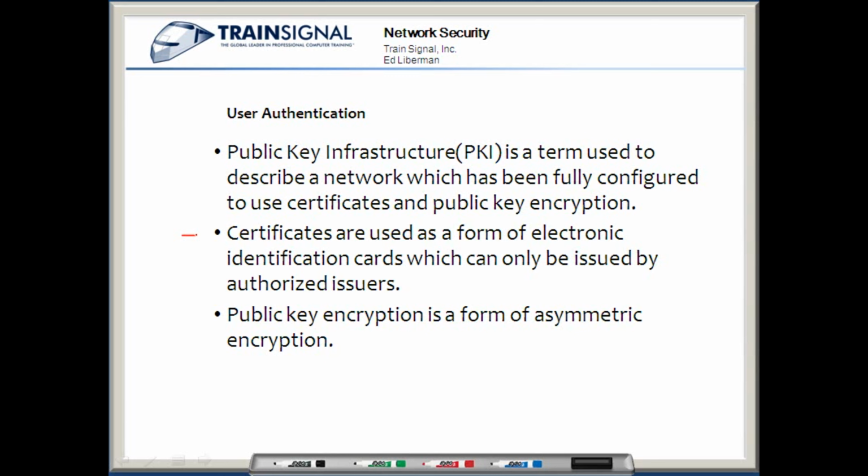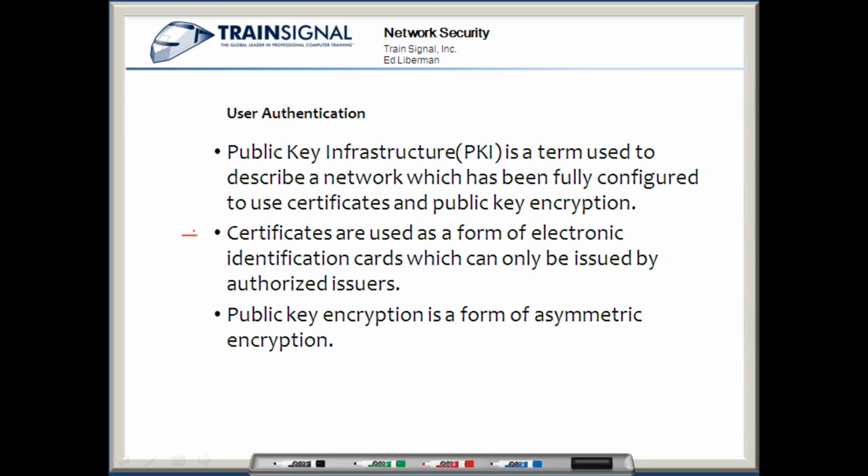It's a lot like when you get a driver's license or an identification card from your local government, in the sense that there are theoretical trusted entities, the local government, who can issue these cards. Therefore, when you present these cards in different places, you're allowed to do things as a result.